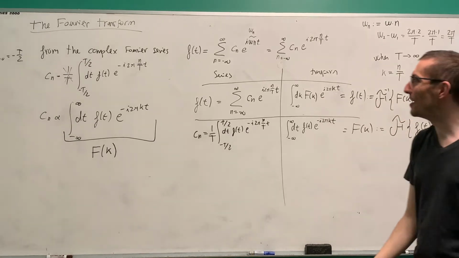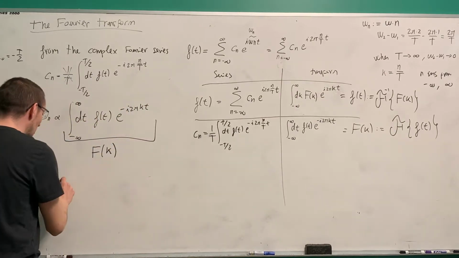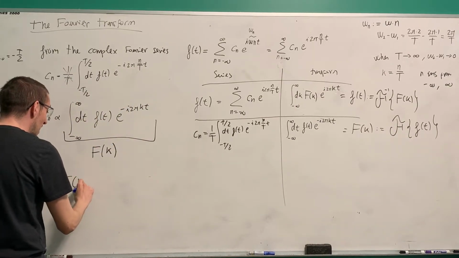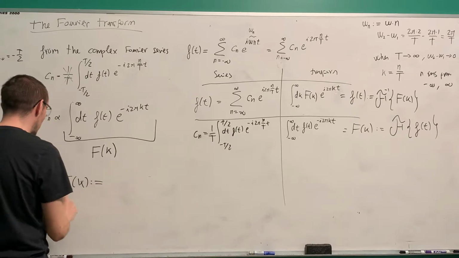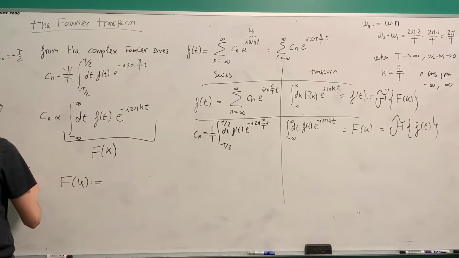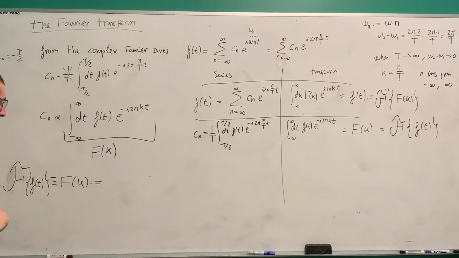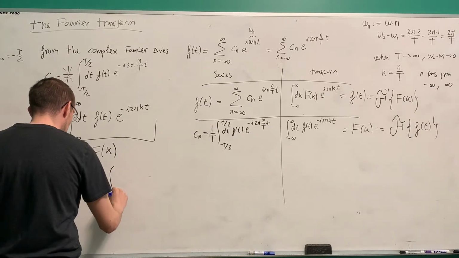You see? We can define now, and then again I'll write it once. I can say, well, by definition, F of k will be the Fourier transform of f of t, which I call also equivalently F of k.